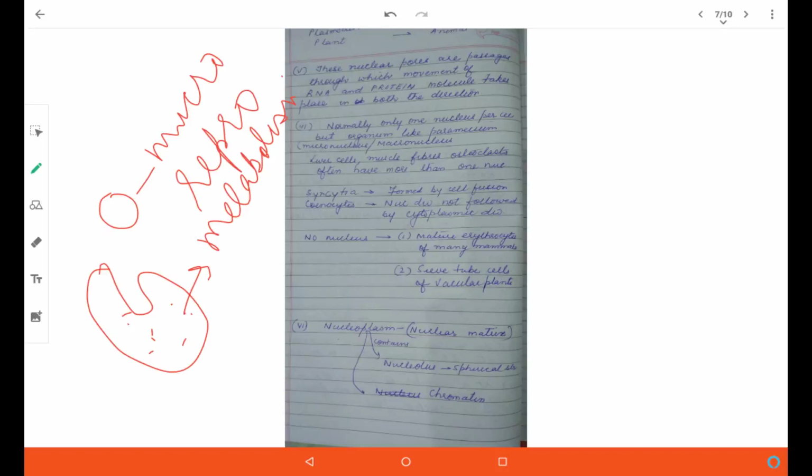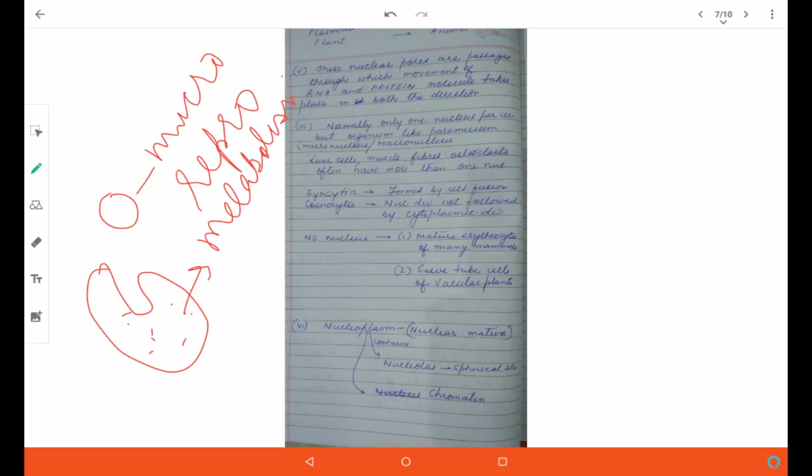Here the nuclear division occurs, but it is not followed by cytoplasmic division. But there are certain cells which do not have a nucleus at all, and one example is mature erythrocytes of many mammals and sieve tube cells of vascular plants.